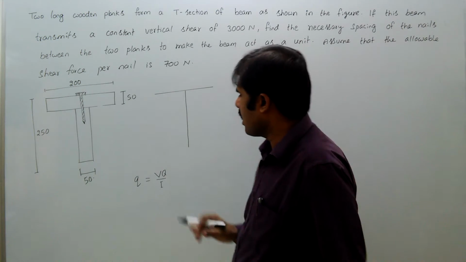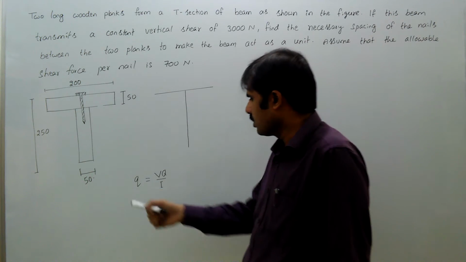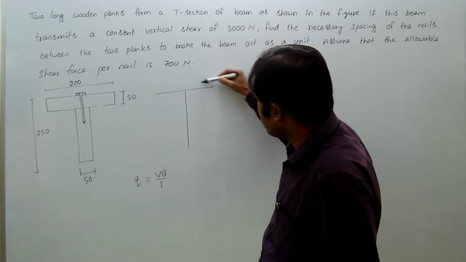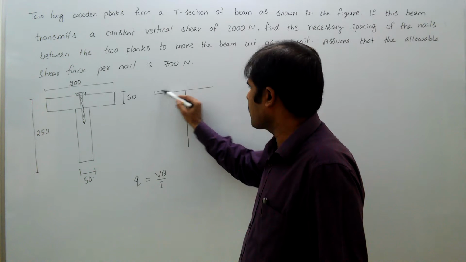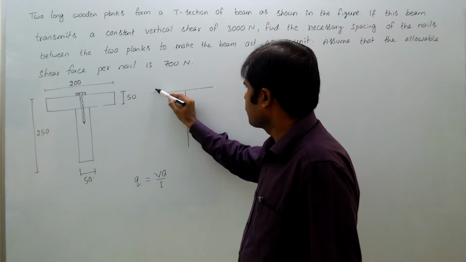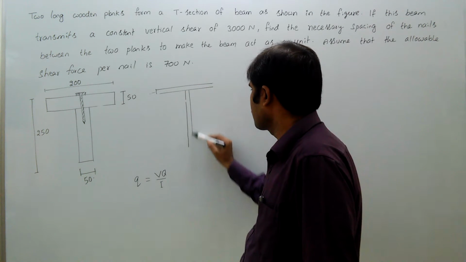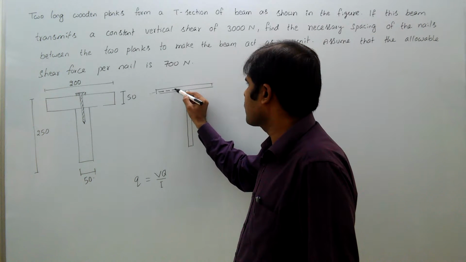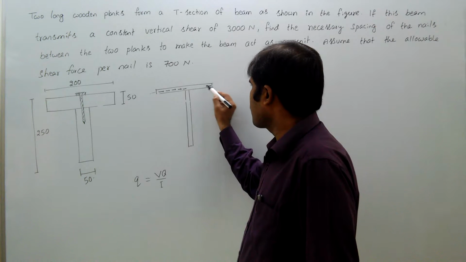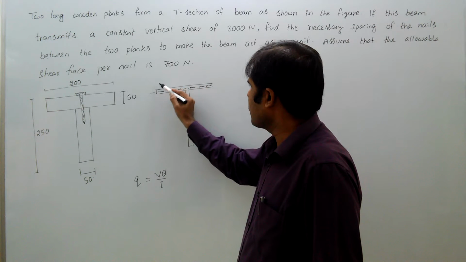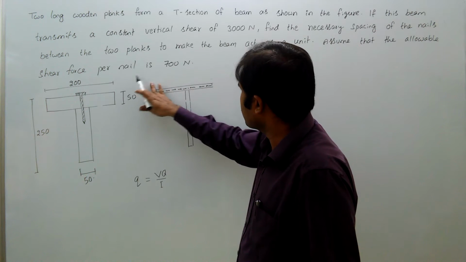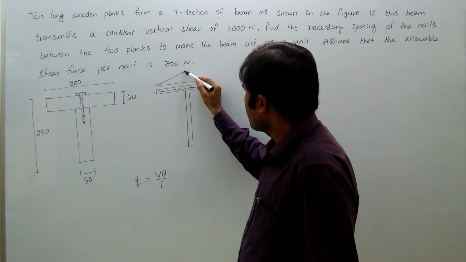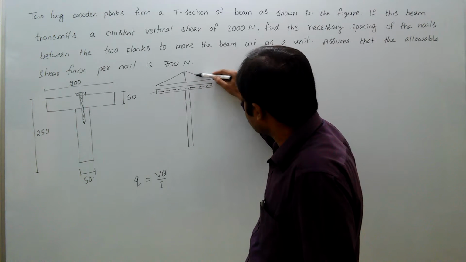So shear flow VQ by I increases like this from the end, keeps on increasing, and from this side also it increases like this.